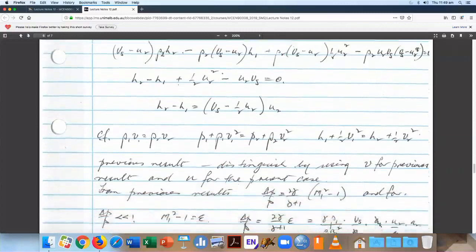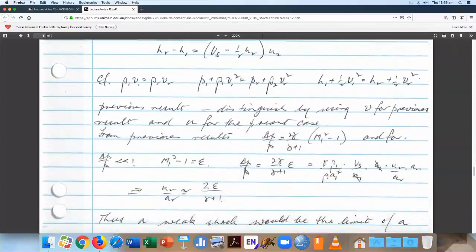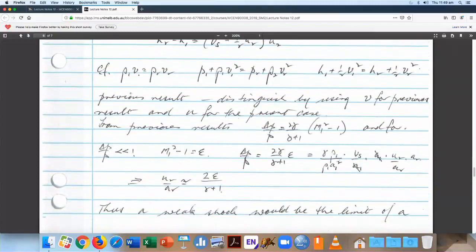All right. Now let's just do a couple of things here. I just want to explain to you that delta P, from the previous work that I've done, the change in pressure is 2 gamma over gamma plus 1, M1 squared minus 1. And for delta P, if you have a very small change in the pressure, it's a very weak wave, M1 squared minus 1 is epsilon.